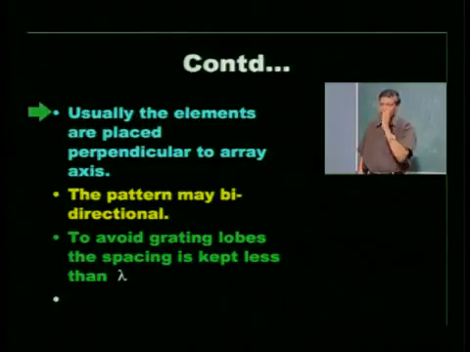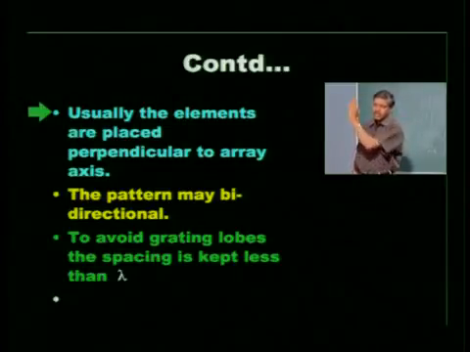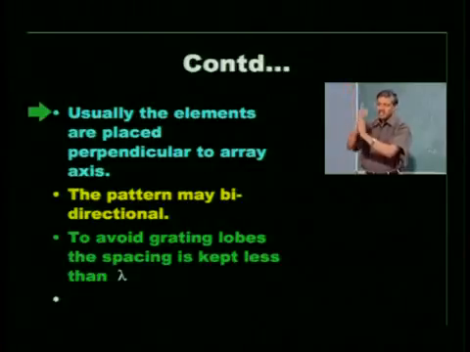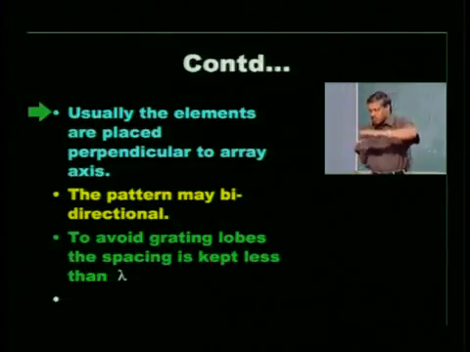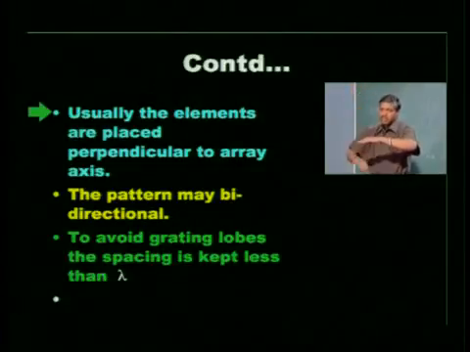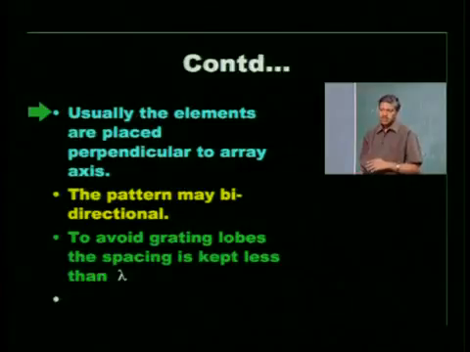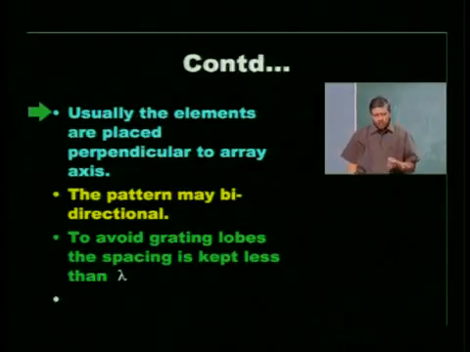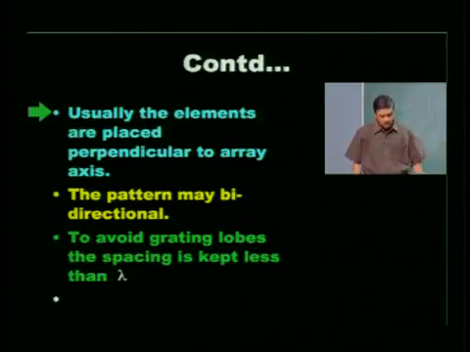So, if you are going for a broadside array, keep your elements perpendicular to the axis, so that it radiates and meets in this direction. If you are keeping them like this, then this radiation has to be again oriented to give you a broadside direction. So, that is why usually the elements are placed perpendicular to the direction of the axis.